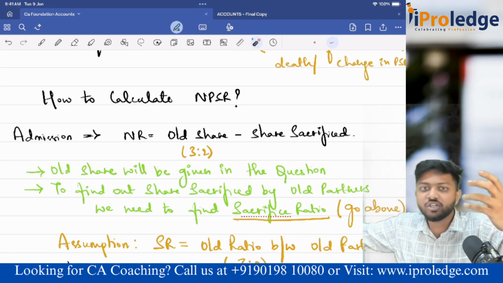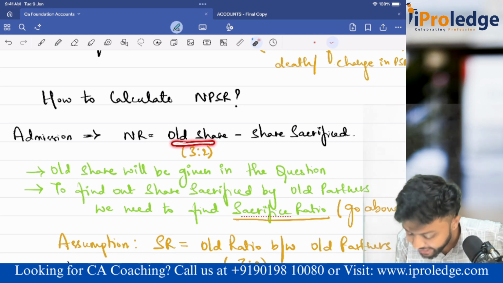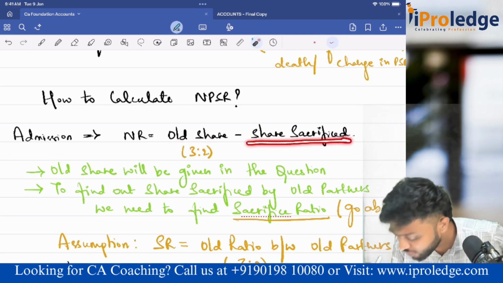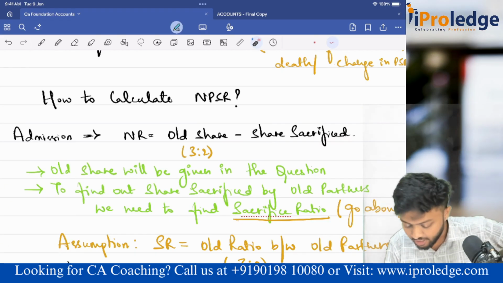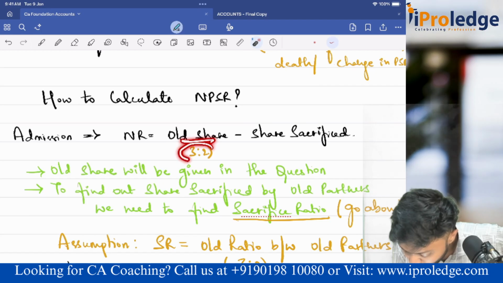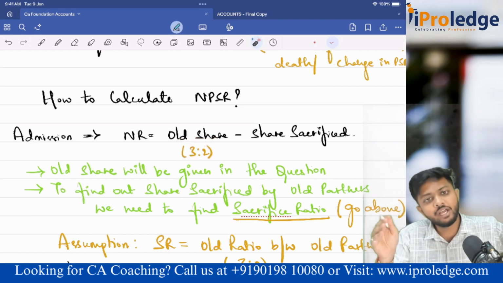The resultant thing is the new ratio. Simple, huh? So old share, whatever he had, minus whatever he has sacrificed for the new partner will be new share. Done. For old share, 3:2 in my example, which they have given in the question, I have always told you old share they would have given in the question only.